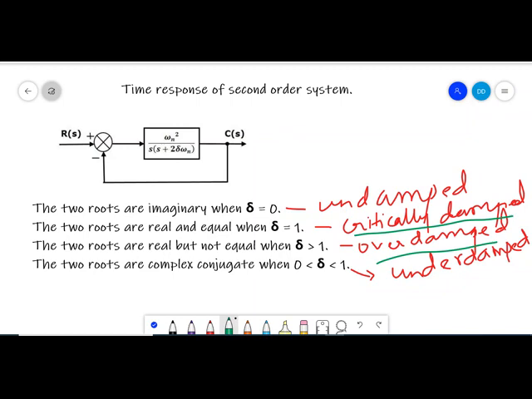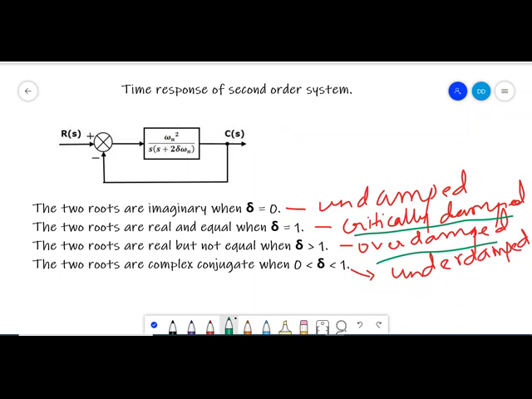In the case of an undamped system, the transient response will not die out, it is purely oscillatory. Whereas in a critically damped system, the response rises slowly and reaches the final value. In the case of an overdamped system, the response rises quickly to its final value.